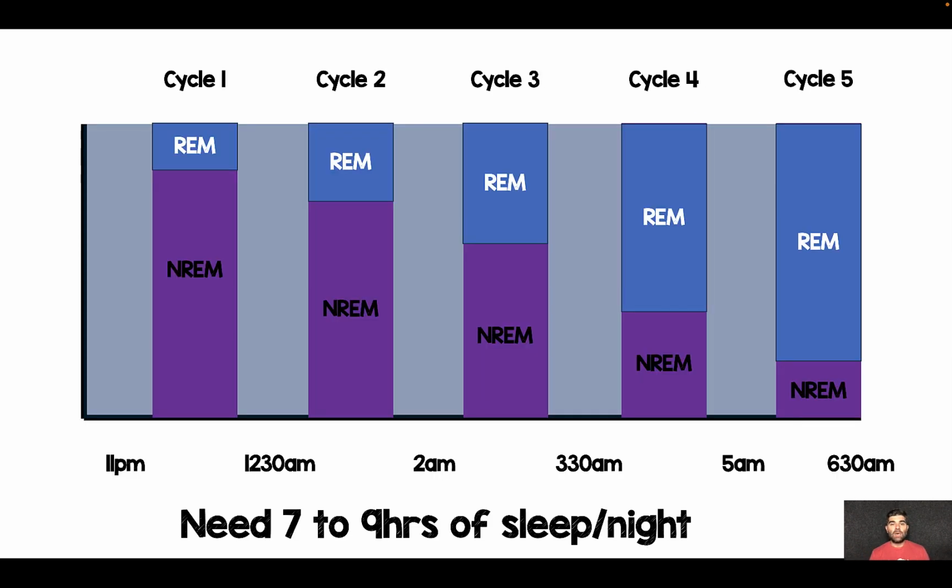The last thing I want to talk about is this concept of REM versus non-REM sleep. Non-REM is non-rapid eye movement, and REM is rapid eye movement. Basically, you need at least 5 cycles at a minimum to get restful sleep. So what does each of these cycles do?